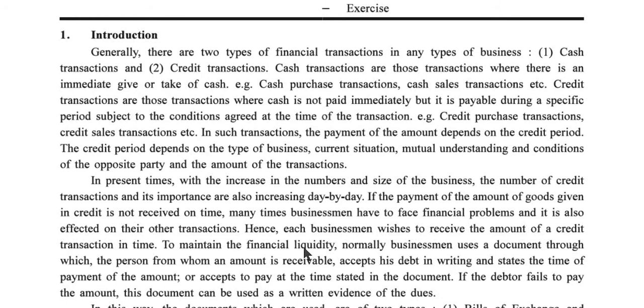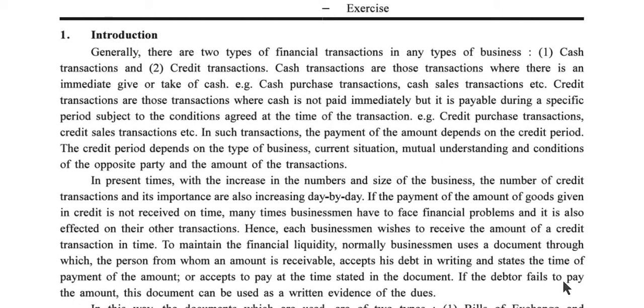To maintain financial liquidity, normally a businessman uses a document through which the person from whom an amount is receivable accepts his debts in writing and states the time of payment of the amount, or accepts to pay at the time stated in the document.